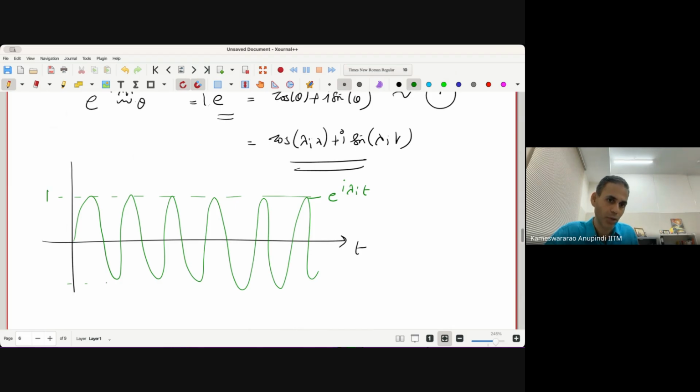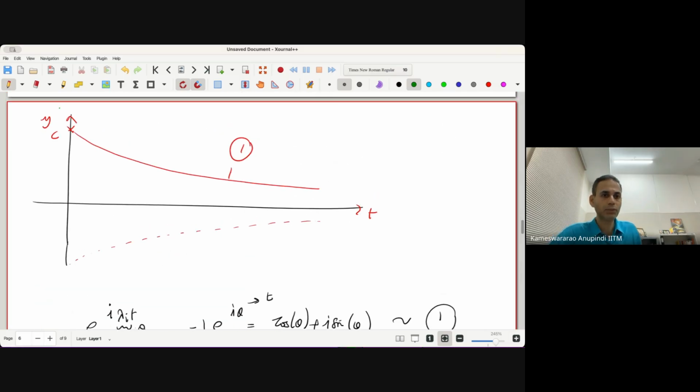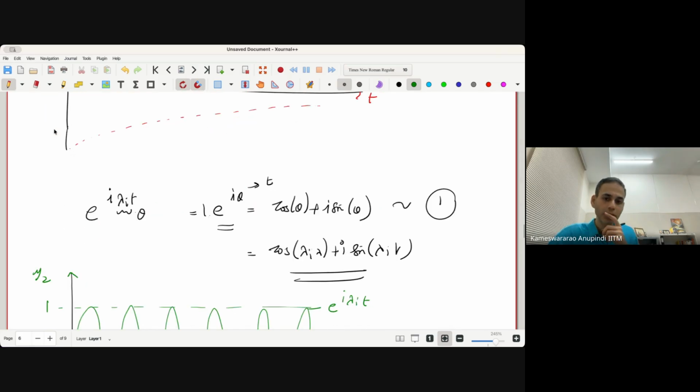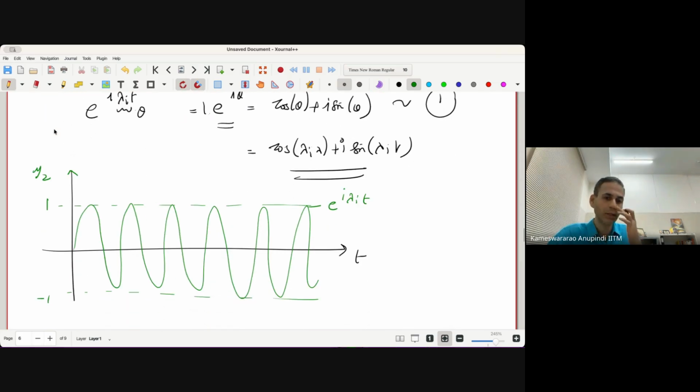It goes from +1 to -1. On this one I have some component y2, and let's call this y1. This is how it looks. It's basically going to define your oscillatory solution, but it is not going to define the amplitude. The amplitude is fixed at 1, but the solution goes between +1 and -1 as time progresses. That means you have an oscillatory solution.